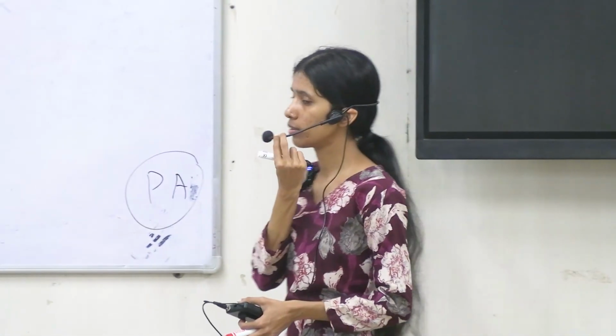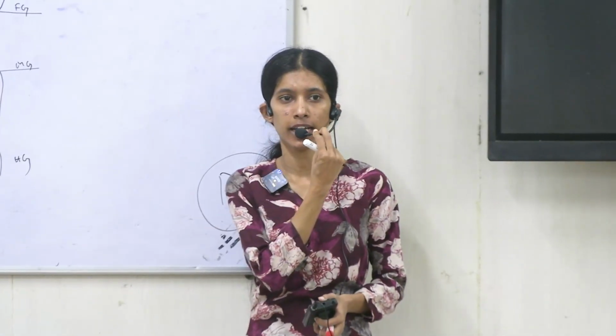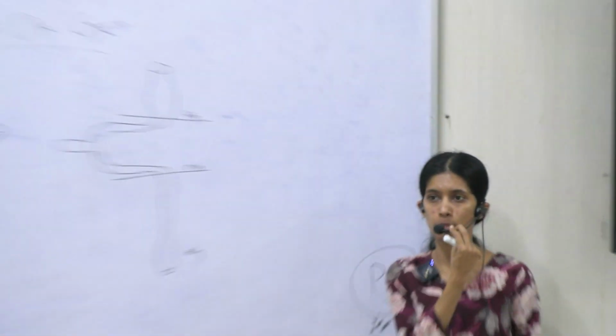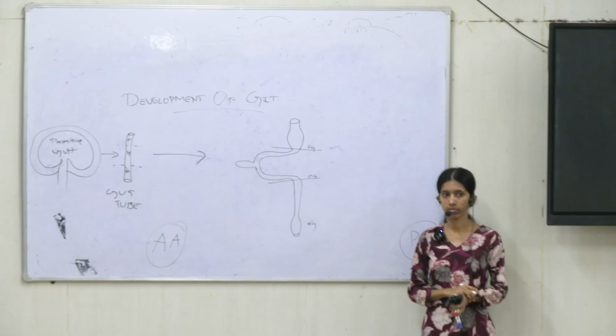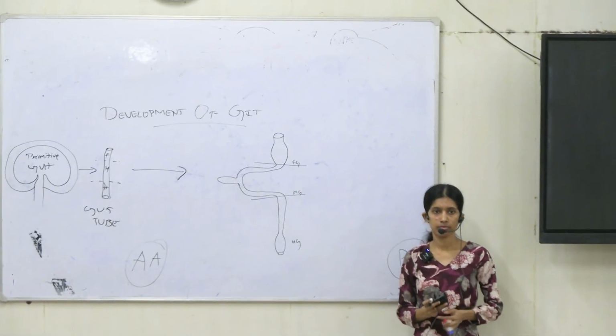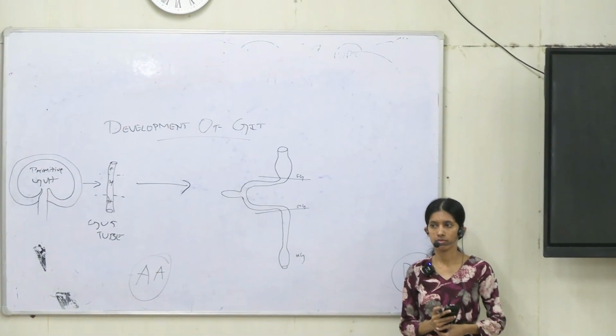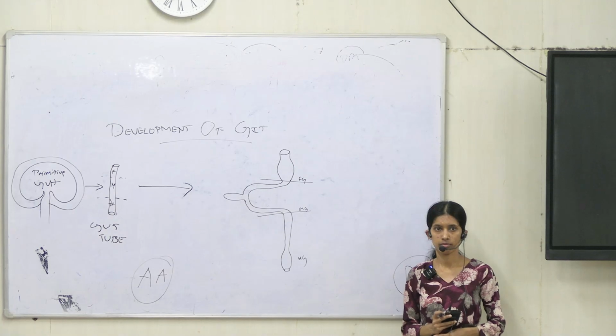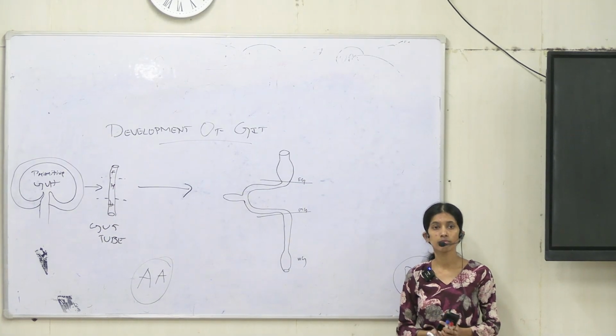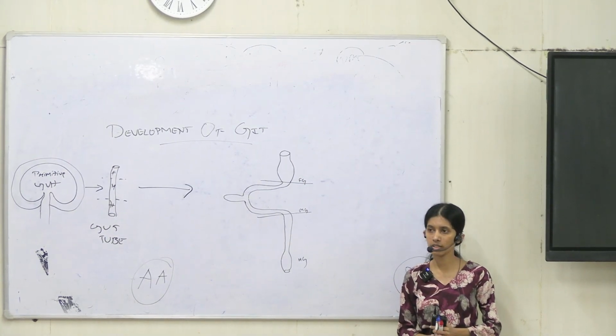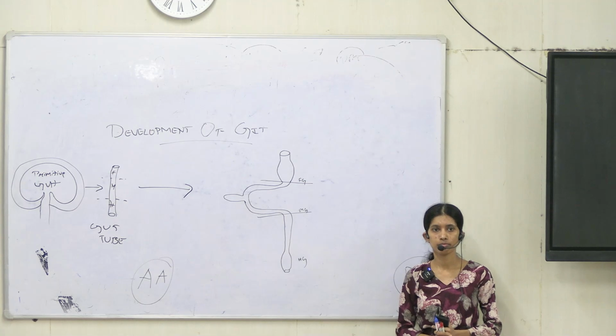So what are the blood vessels we can see in the anterior and posterior aspect? Mesentery, okay, fine.